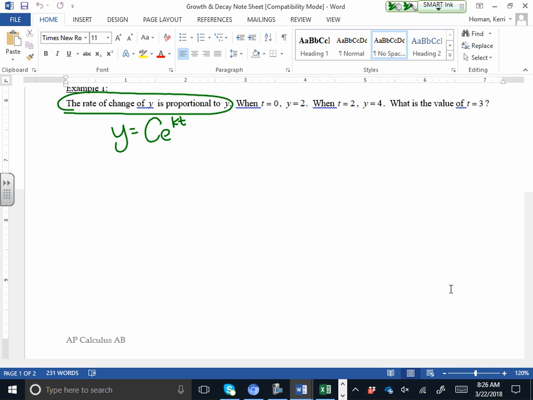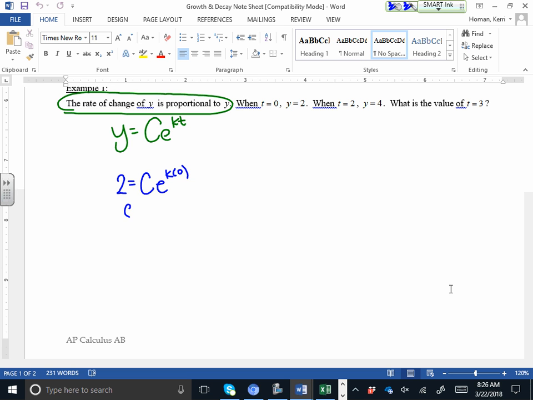All right. Now it becomes an algebra problem, one that you've probably done before. So we need to determine what c and k are, because y and t are variables like x and y. So when t is 0, y is 2. What does that tell us?